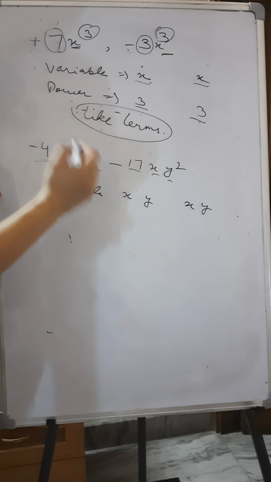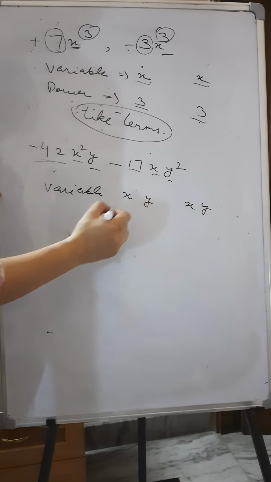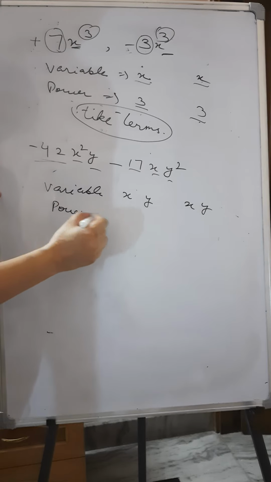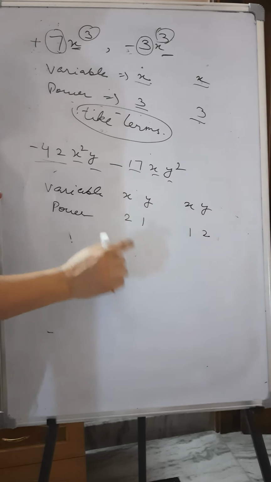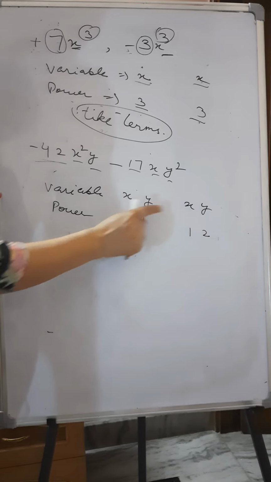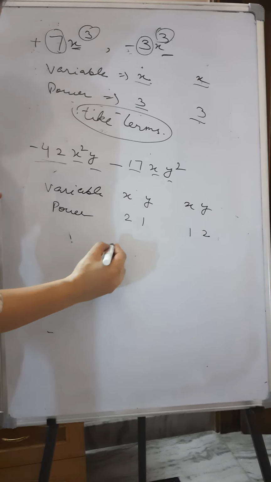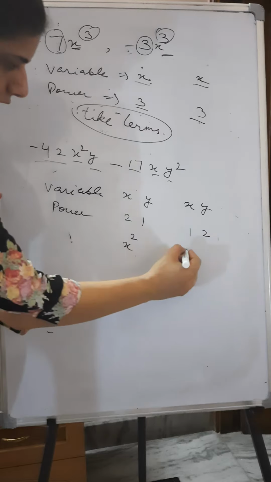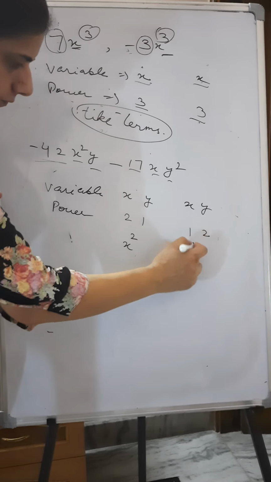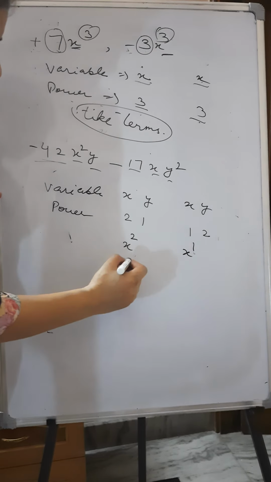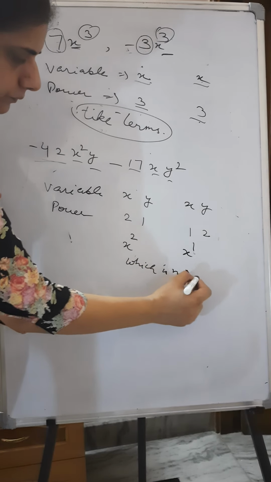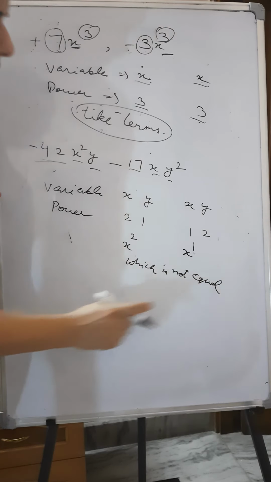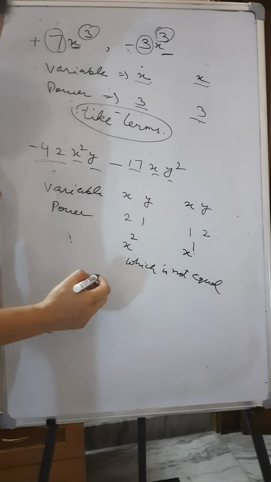But the powers: here x has the power 2, y has 1; here x has the power 1, y has 2, which is not equal. For like terms, what is the requirement?